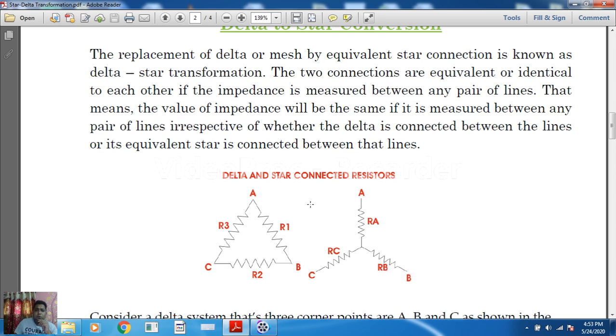So if we want to do that, what will we do? As we can see over there, names are given.